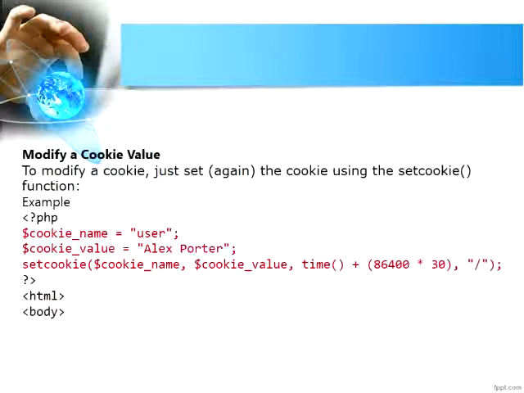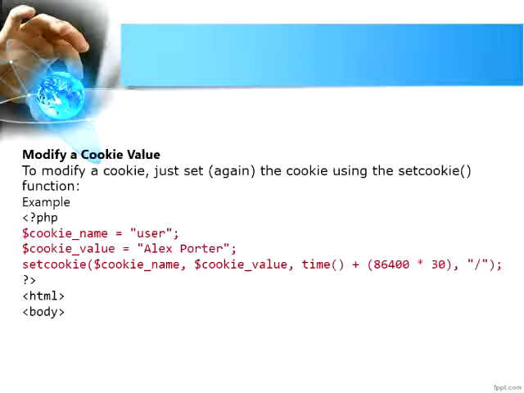So in this case, we will modify the value of our cookie from John Doe to Alex Porter. It's clear for you how we can modify a cookie with PHP? Yes.